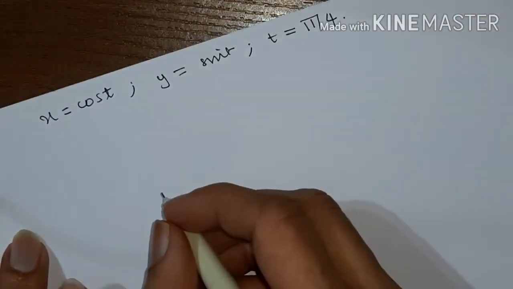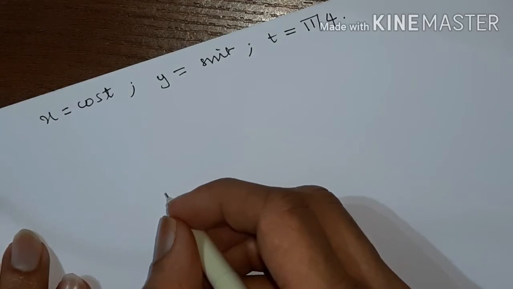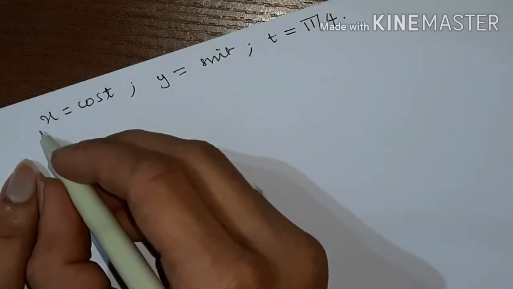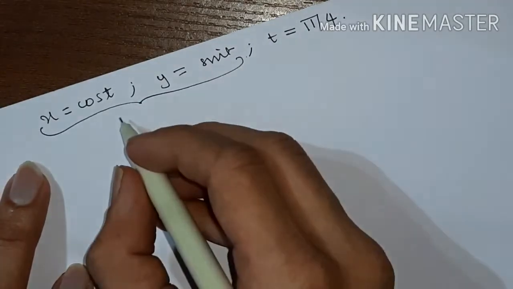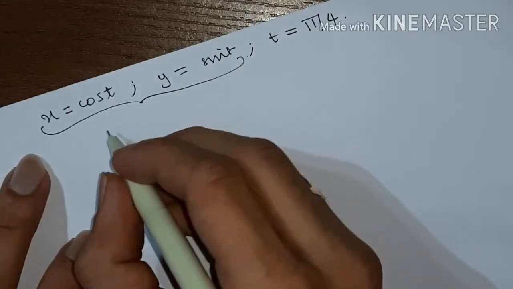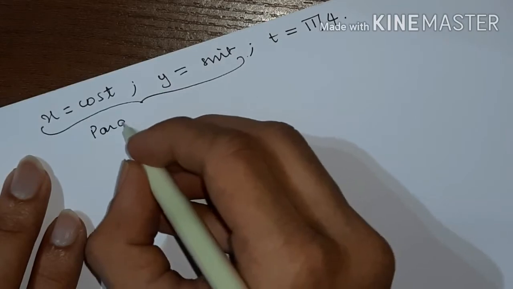Okay, this is the equation given to you. Now the function here, right, is given in terms of parametric form. So parametric function is given to you.